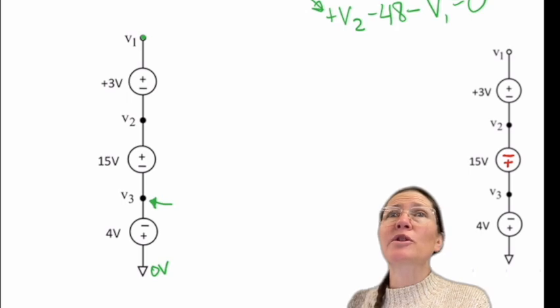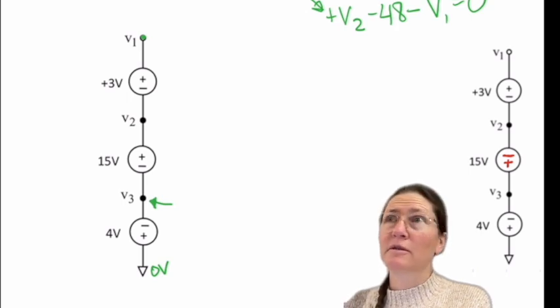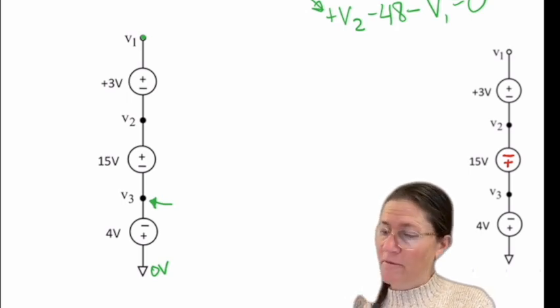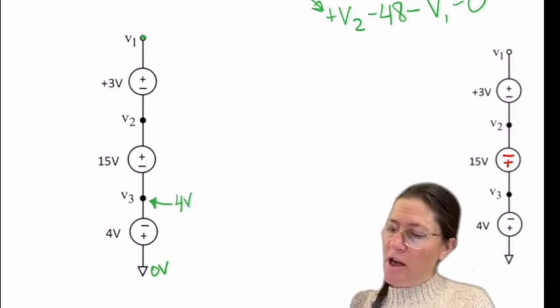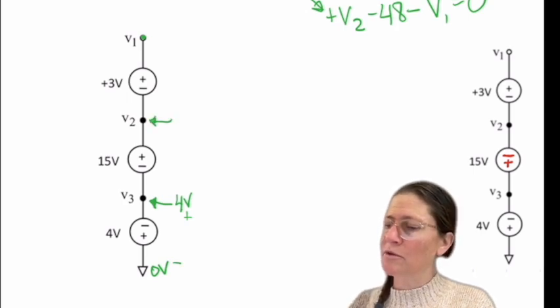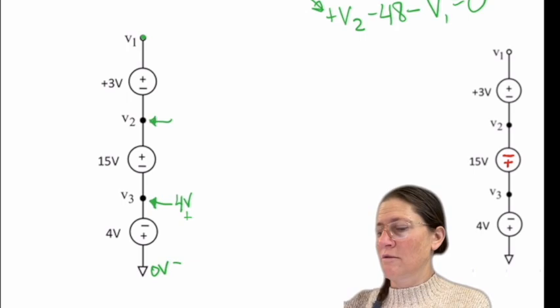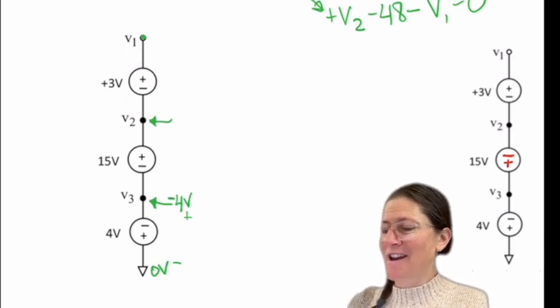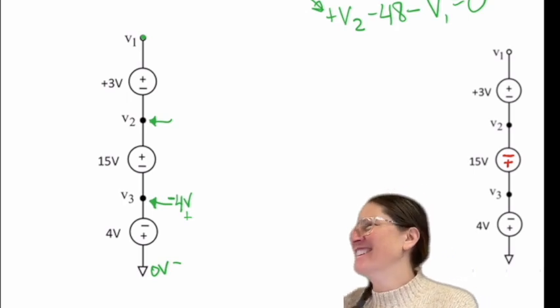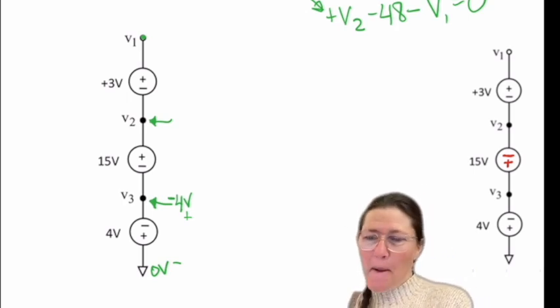At V3, what is your voltage going to be there? 4 volts I would measure there. And that's in comparison to ground. What about at V2? Thank you. -4. Yes, -4 volts there.